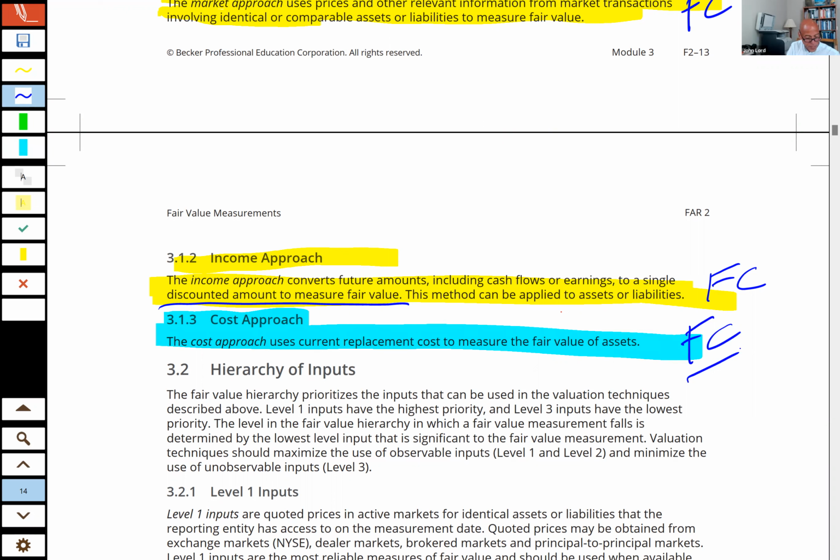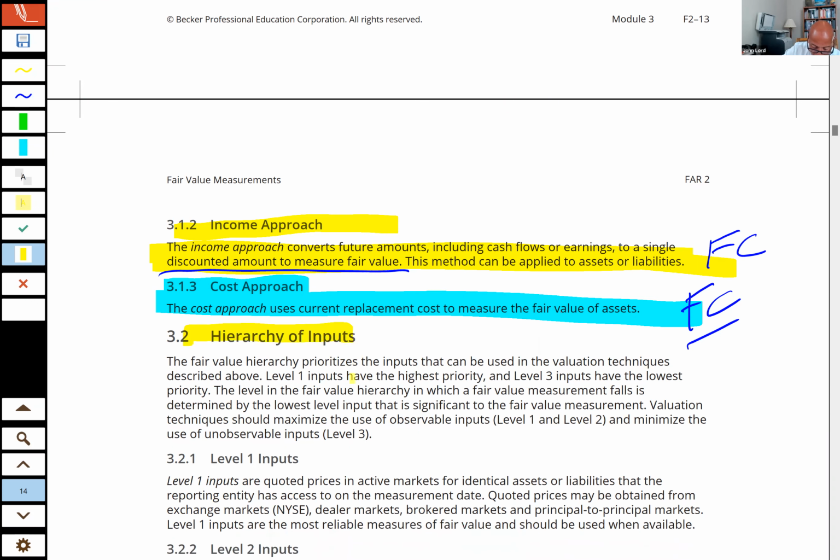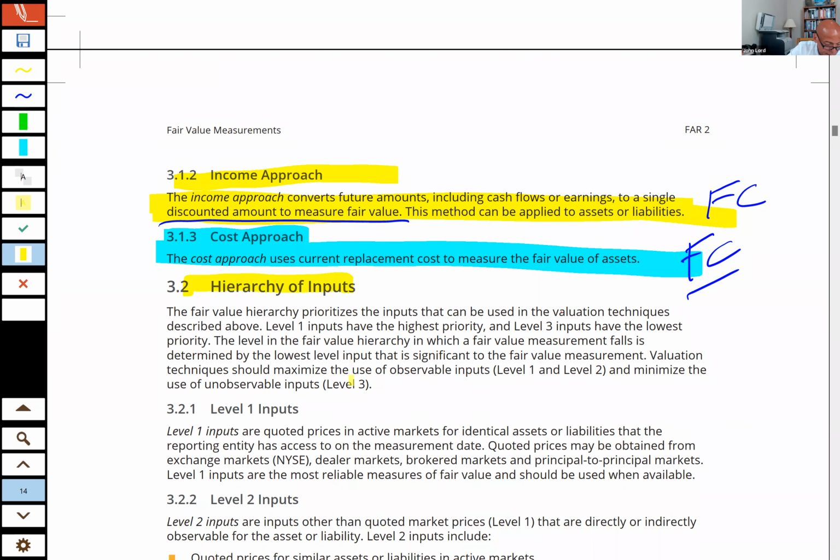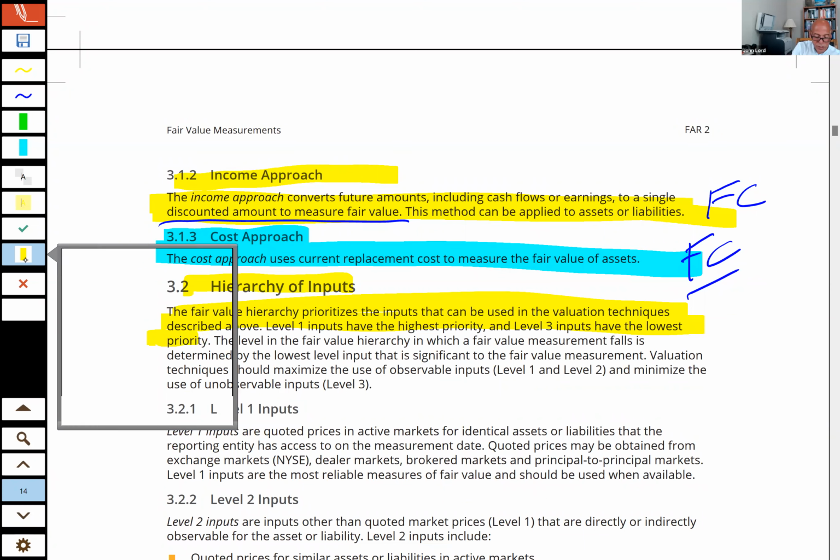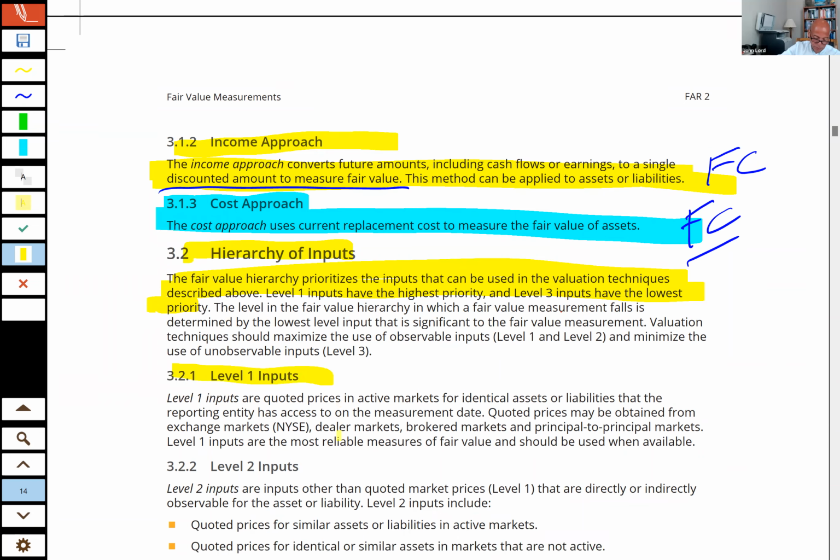Now, where we're going to come in is, as we use these methods, we will have inputs. There's a hierarchy of inputs, where level 1 is the best, and level 3 is the lowest priority. The idea is that you should first look to see if you have level 1 inputs to determine fair value.